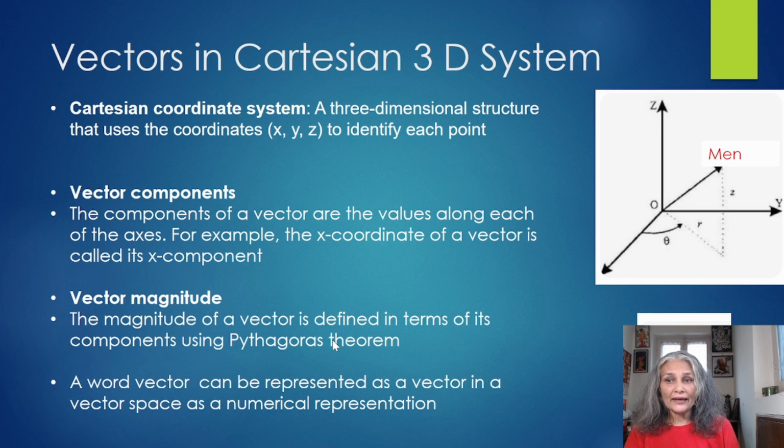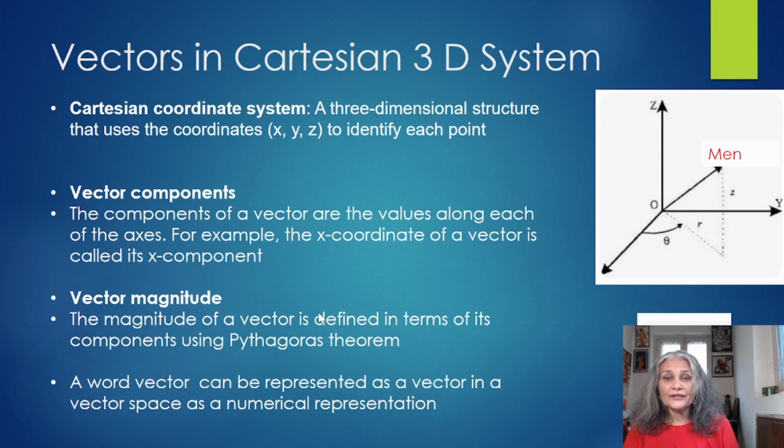Similarly for the z component, it would be this distance, and for the x component, this distance. A simple way to think of it is the numerical coordinates you have in any coordinate geometry problem.